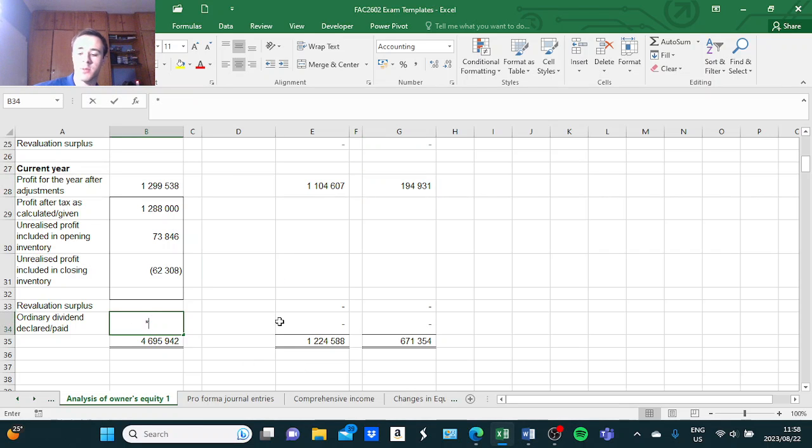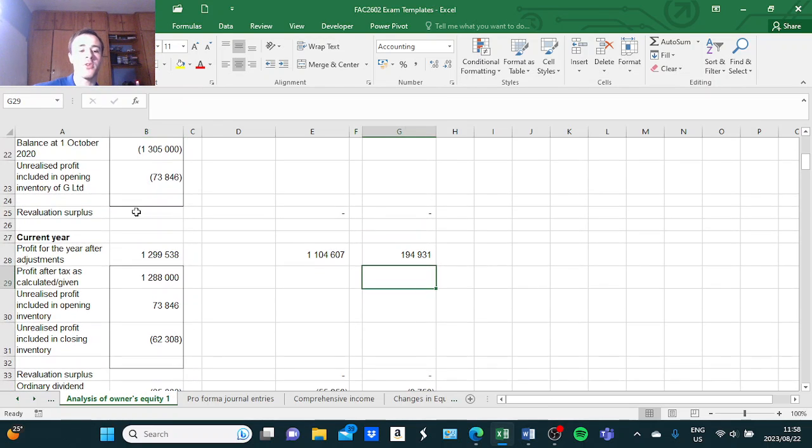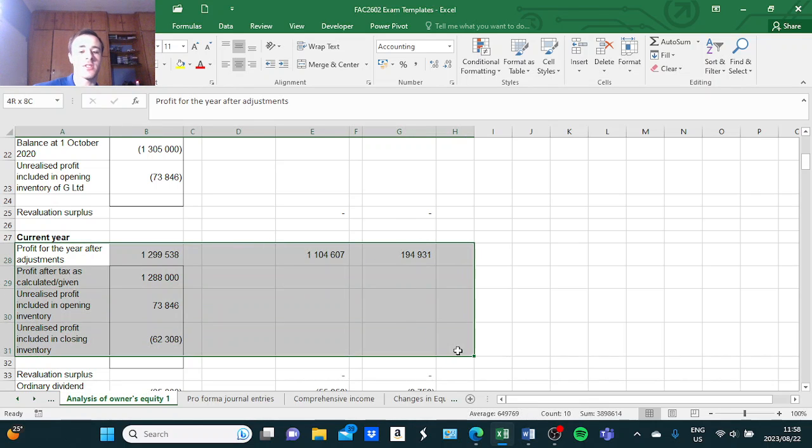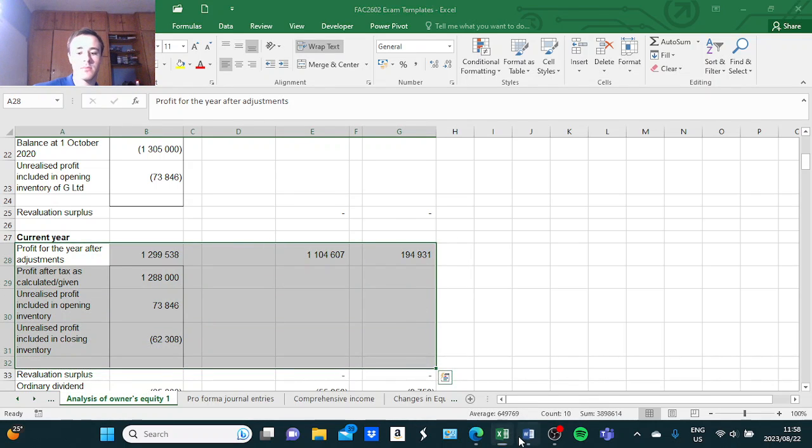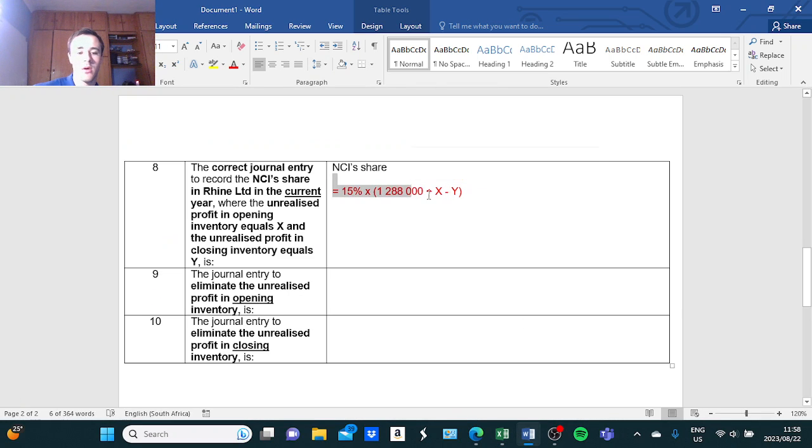We know that the subsidiary has paid dividends amounting to 65,000, but we have already addressed that in question 1. Okay, for question 8, they only want you to focus on this section right here. Right, so please make sure that you are able to take into account or bring in your variables in these questions.